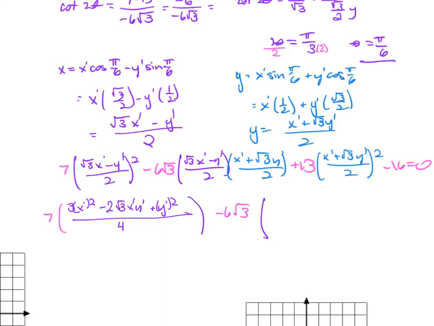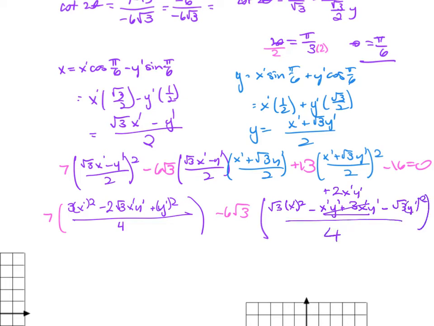And so with this one, we are going to get square root of 3 times x prime squared minus x prime y prime plus 3x prime y prime. And then if we notice that, that's like terms, so that's going to end up being plus 2x prime y prime.